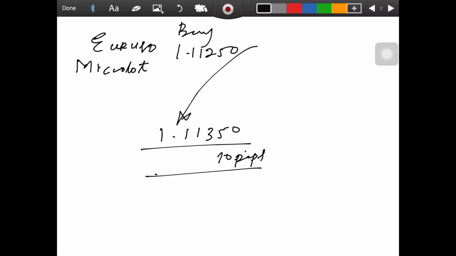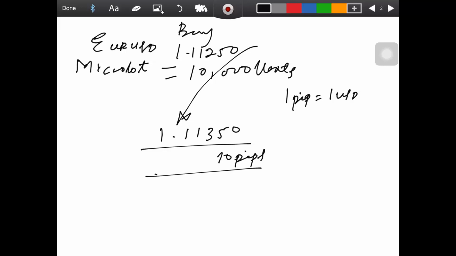Okay, so micro lot is equal to 10,000 units. And 1 pip movement on a micro lot is equal to $1. This time not $10. Okay, so your micro lot is 1/10 of your standard lot.